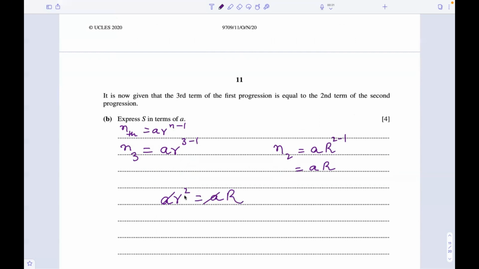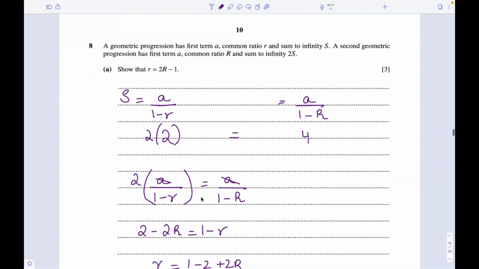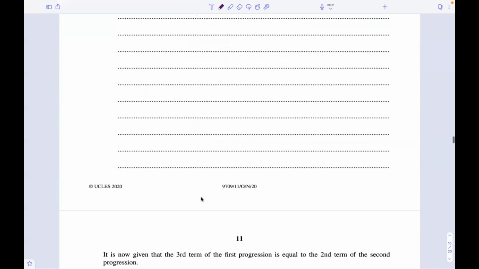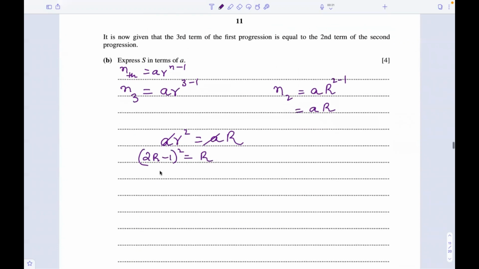To solve this, we can use the substitution from the first part, which is that small r equals 2 multiplied by capital R minus 1. So in place of r, we can write (2R minus 1) whole squared equals R. Now solving this, we get 4R squared minus 4R plus 1 minus R equals 0, so 4R squared minus 5R plus 1 equals 0.